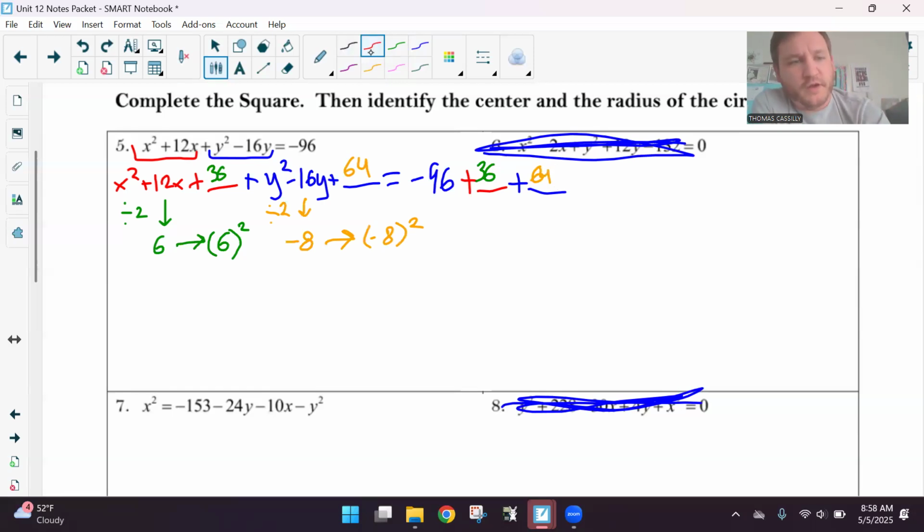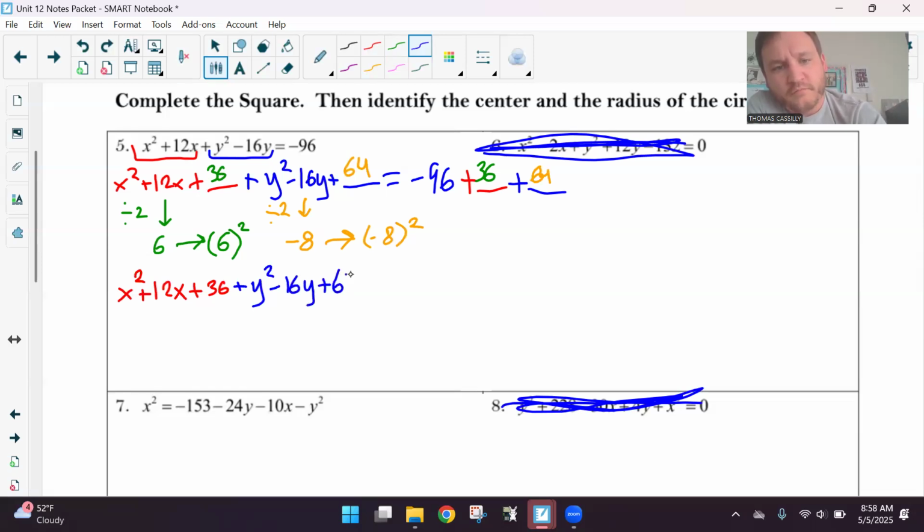All right. So here's kind of where we're at. I got x squared plus 12x plus 36. All right, then I got my y values, plus y squared minus 16y plus 64.